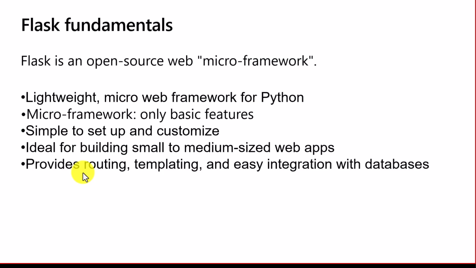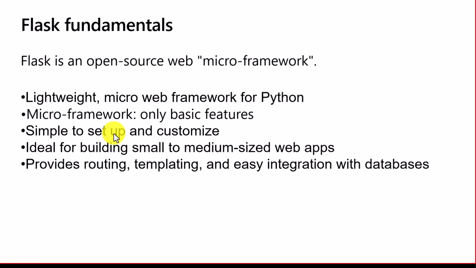Flask is basically a backend framework of Python. It is a library of Python and it is called a micro framework. It is called a lightweight or micro framework because it has only the core things which are required for you to build your own apps. So it is really simple to set up and customize.